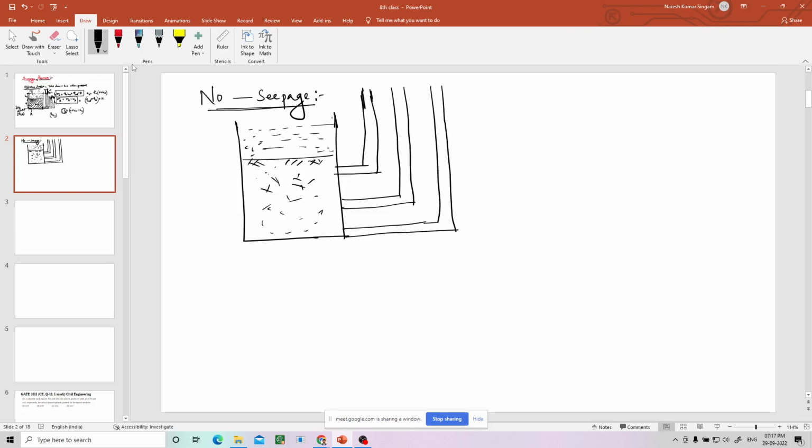Now the soil is fully saturated. As we discussed, the water will flow from here and it will reach up to here only. Then here also at the same level, here also at the same level. In this case, there is enough space for the water to reach this height.